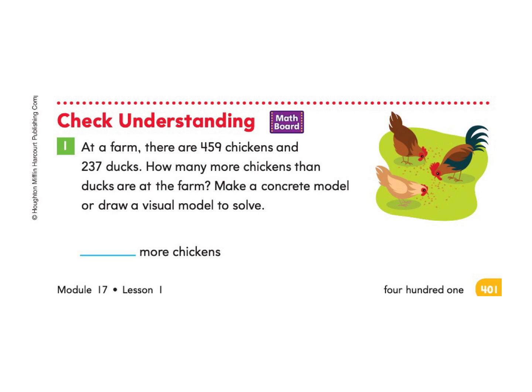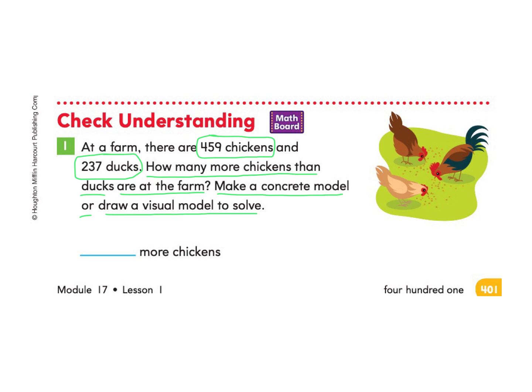At a farm, there are 459 chickens and 237 ducks. How many more chickens than ducks are on the farm? Make a concrete model or draw a visual model to solve. You may want to try this on your own and come back to check your answer, or you can follow along with me.